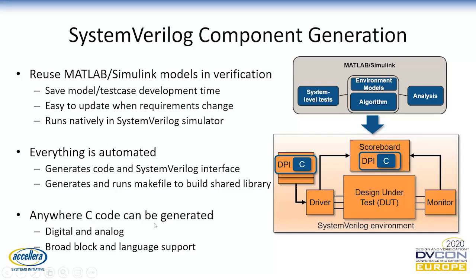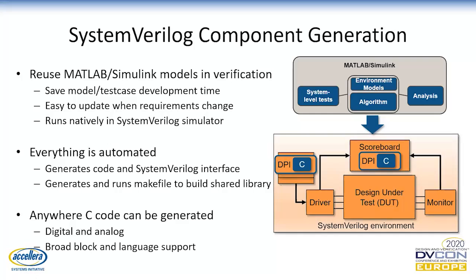And anywhere, as I mentioned already in the previous slide, anywhere C code can be generated, you can wrap it with the SystemVerilog DPI-C. So digital, analog, RF, also things that of course are not synthesizable. You can generate SystemVerilog around them. Of course, the SystemVerilog is not synthesizable, right?